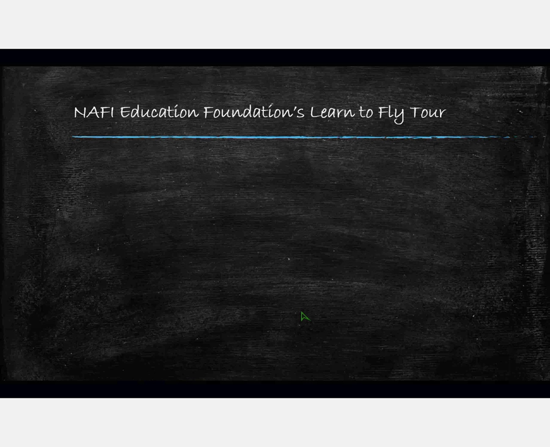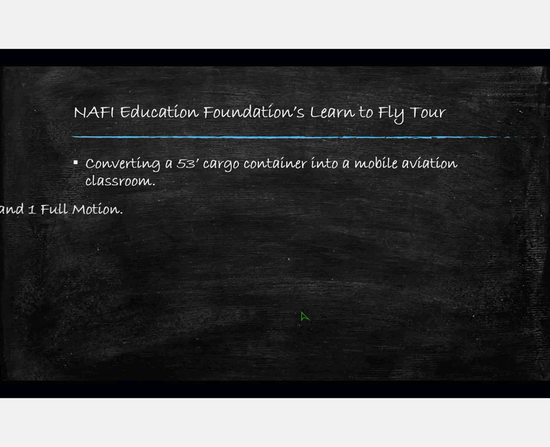Okay? So a little bit about what we're trying to do as the NAFI with the simulators, okay? Because we believe this is the key to part of the future of aviation. So our NAFI Education Foundation's Learn to Fly Tour. I'm actually in charge of this particular endeavor. And what we're doing is converting a 53-foot cargo container into a mobile aviation classroom.